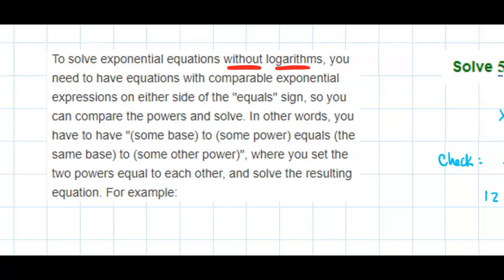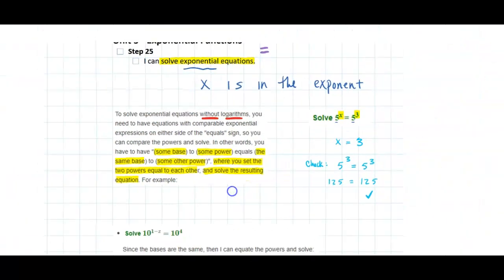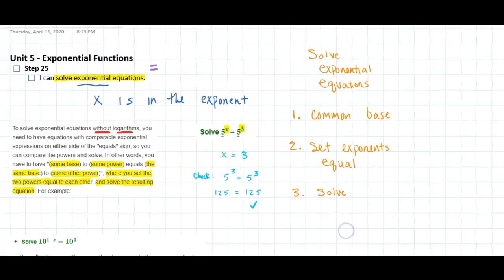In other words, you have to have some base to some power equals the same base to some other power. Base power equals base power, where you set the two powers equal to each other and solve the resulting equation. So same base, set the exponents equal, and solve.